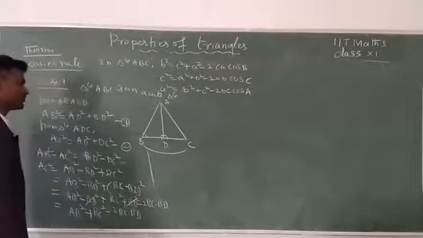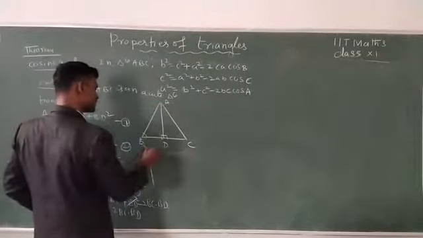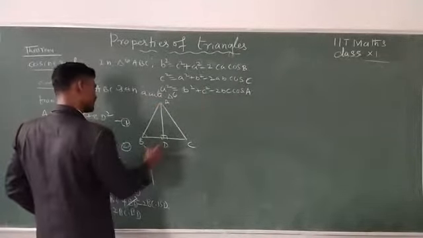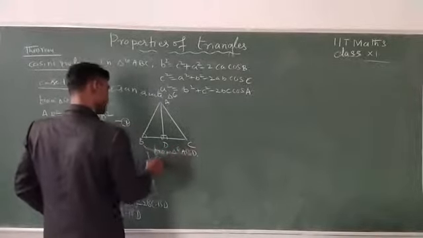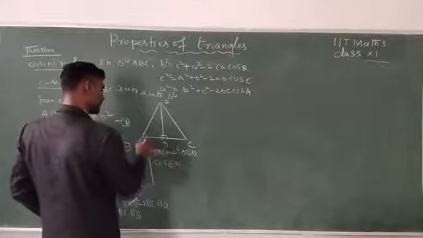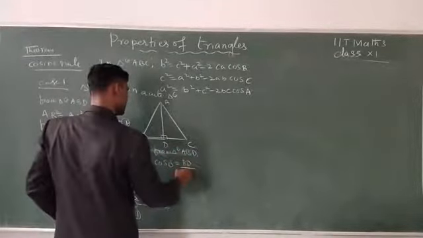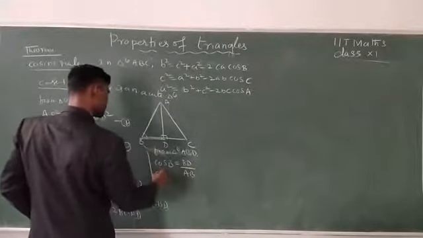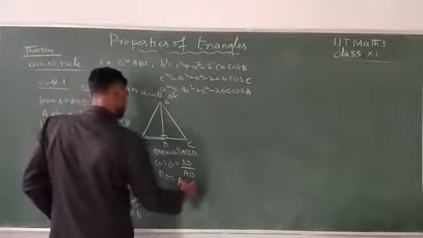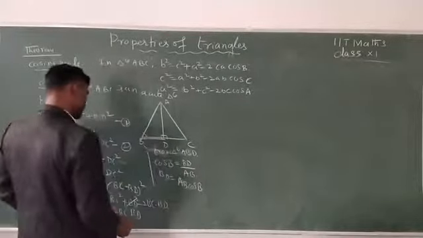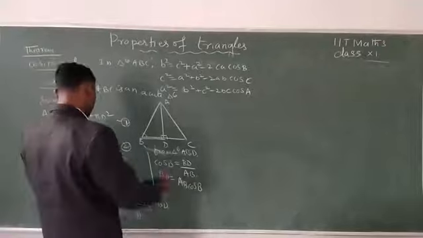Now from triangle ABD, cos B is equal to adjacent side by hypotenuse, BD by AB. Now BD is equal to AB into cos B. Now you can substitute this BD with AB cos B.